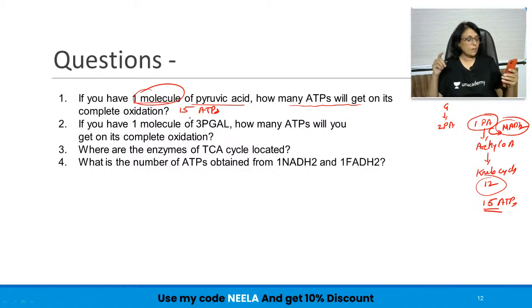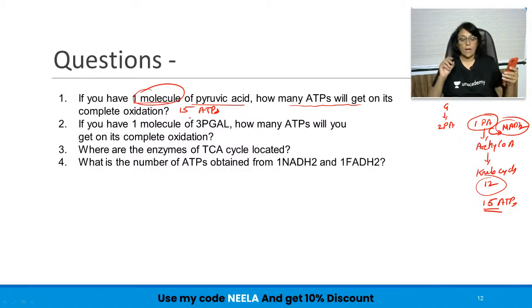Is it clear now? Anyone who has doubt in this first question? Hiren, Kalai, both of you wrote 12 ATP. Even Rashmi said.